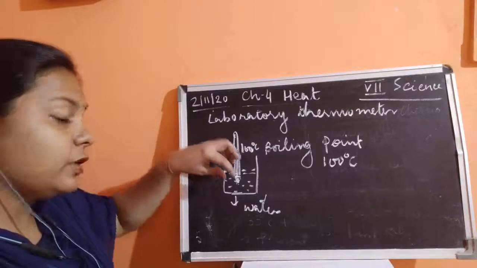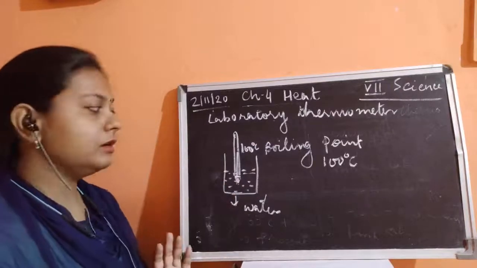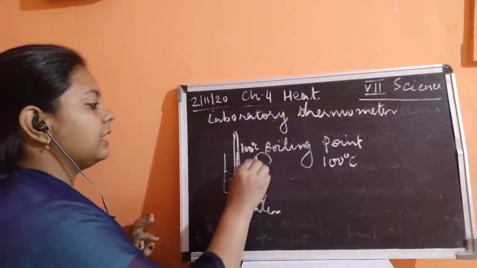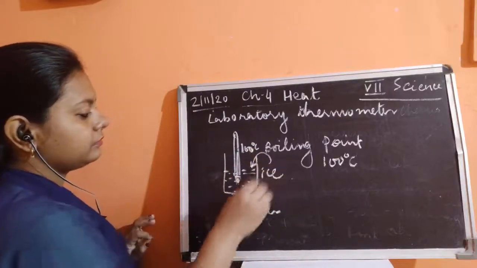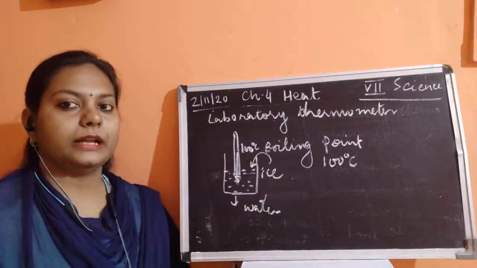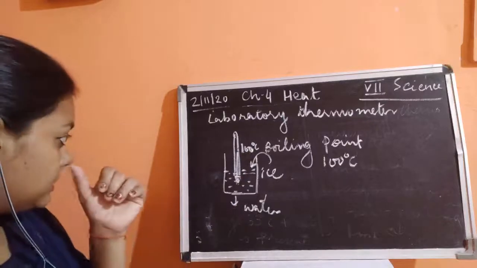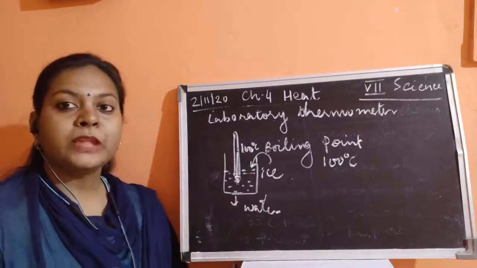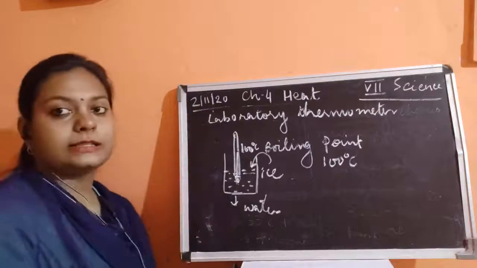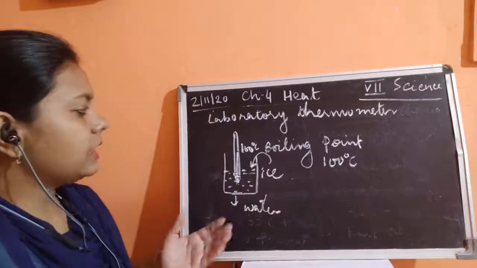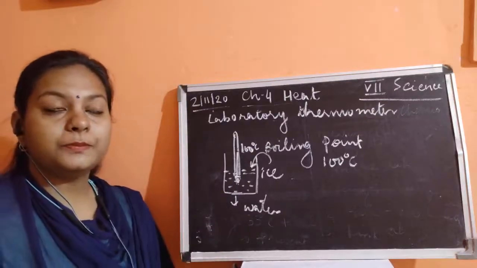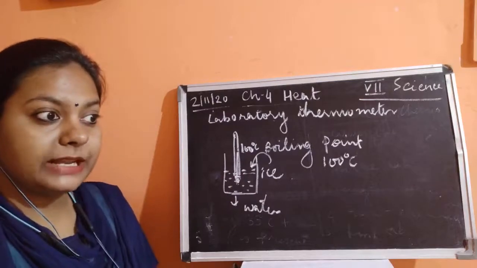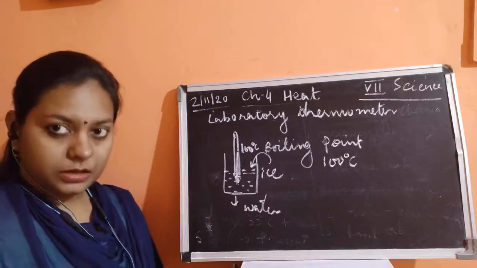And as soon as we take it out from the beaker, or if we add some ice or cold water in this hot water and mix it, then we'll be seeing that the mercury falls down. As it is falling down, it is going to become 10 degrees or 20 degrees.